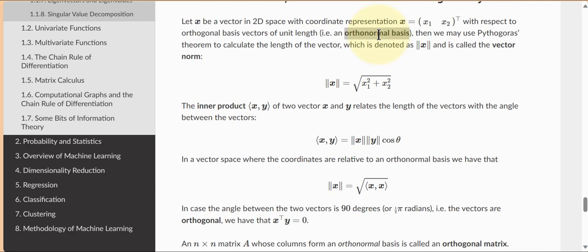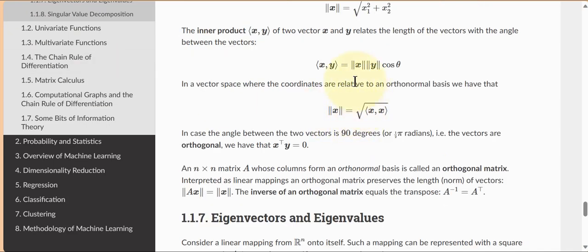So two vectors don't have to each have unit length to be perpendicular, but we scale them down to unit length, and then we call them an orthonormal basis, or a set of orthonormal basis vectors. And here we've defined what we mean by the inner product.